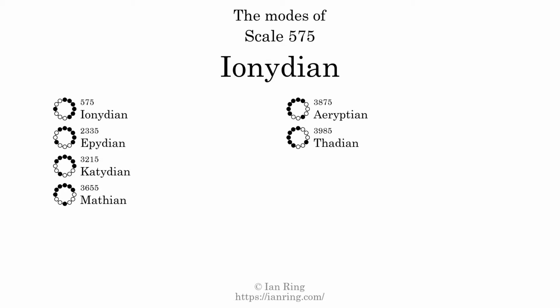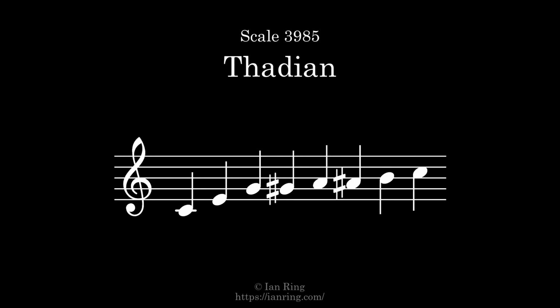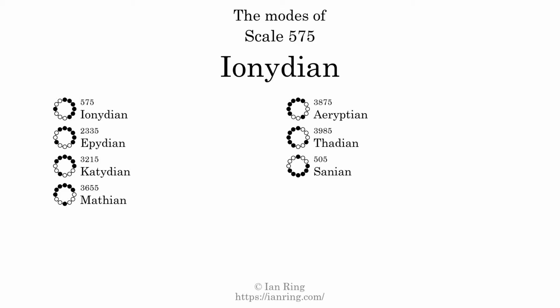The sixth mode is scale 3985, also known as Ionydian. It sounds like this. The seventh and last mode is scale 505, also known as Ionydian. It sounds like this.